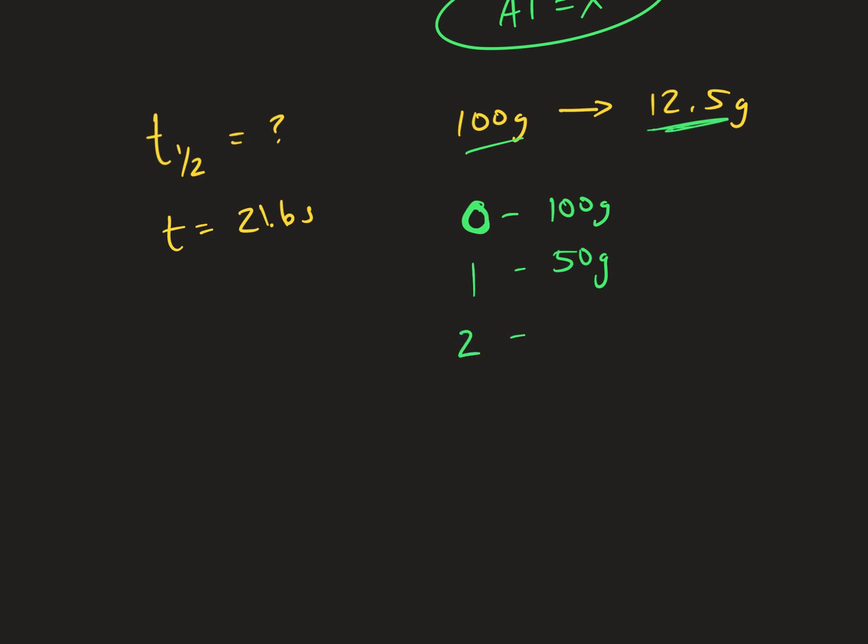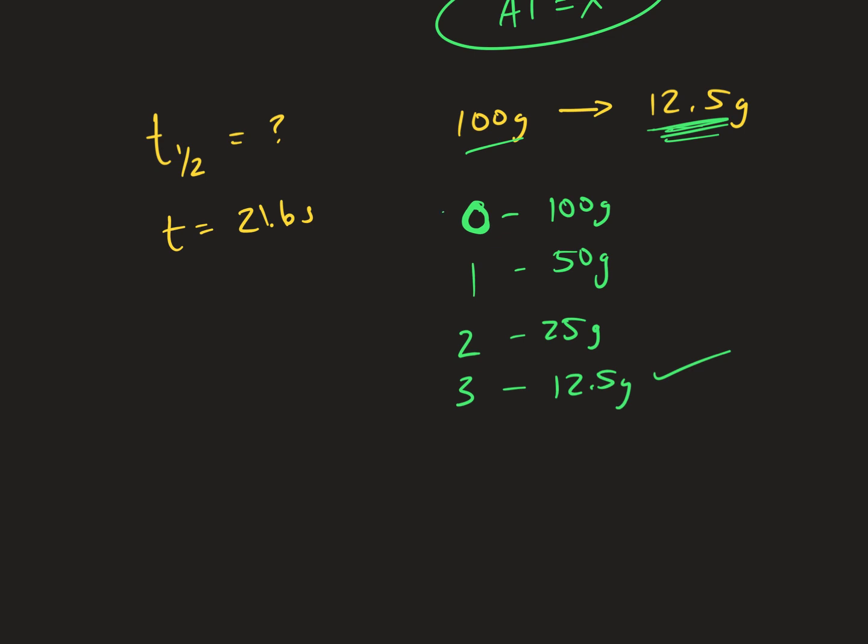After 2 half-lives, how much will we have? Half of our new amount, which is 50, so which is 25. Good? We're still not there, so we keep going. After 3 half-lives, we have 12.5. We're done.